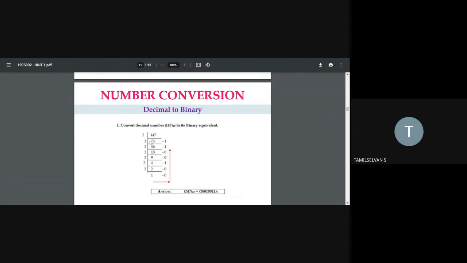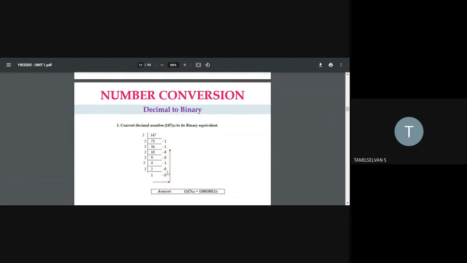So this 73 can again be divided by 2, that is 3 2s are 6, remainder 1, then 13, 6 2s are 12, the remainder is 1. The same methodology has to be followed until the number arrives at 1. After the number arrives at 1, we have to read from down to upward for the solution.